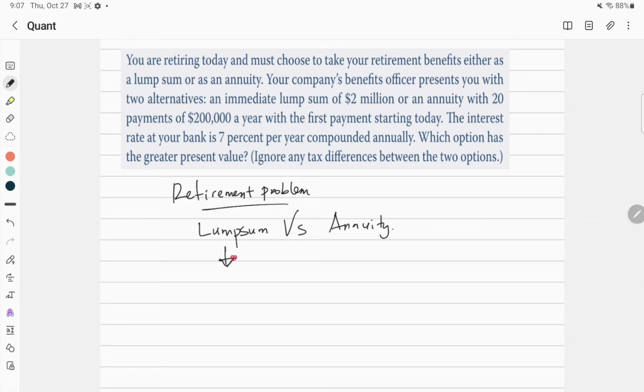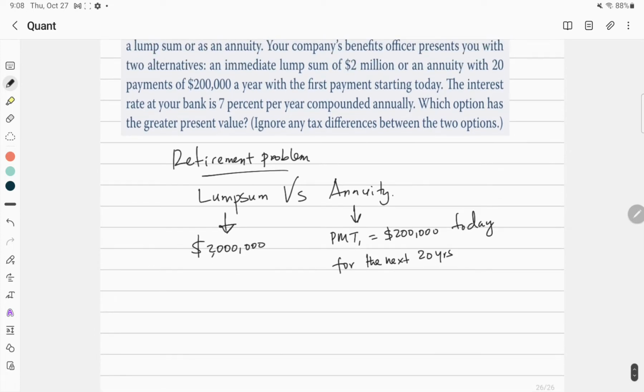Your company's benefits officer is presenting you with two options. Either a lump sum: today we're going to give you a lump sum of $2 million, or we're going to give you a series of payments every year, with the first payment of $200,000 today, and after this, for the next 20 years, we're going to pay you $200,000 every year, at 7% per year, compounded annually.